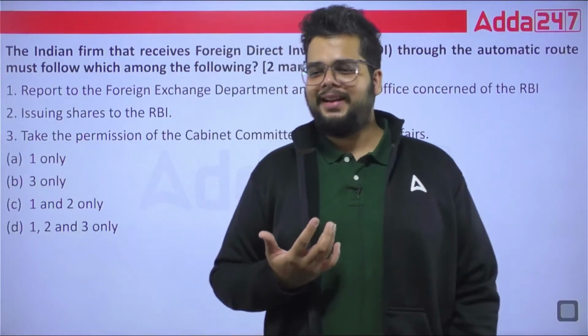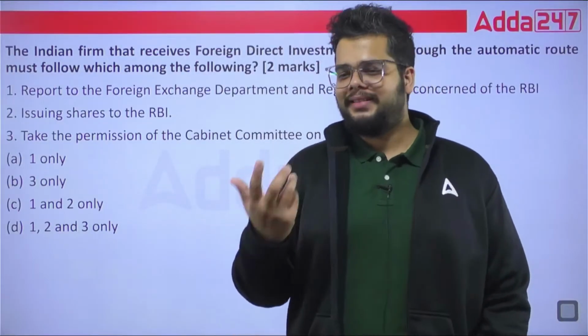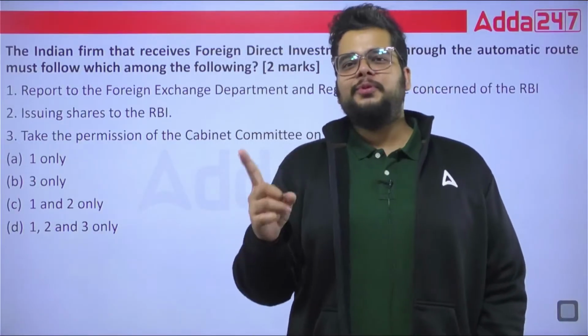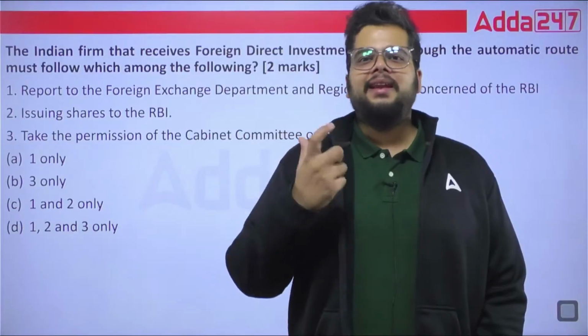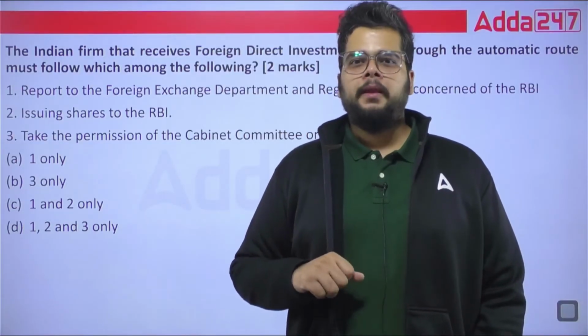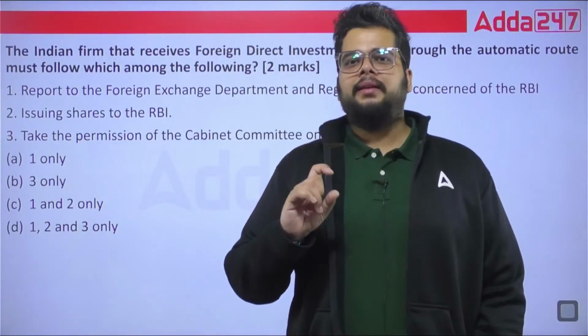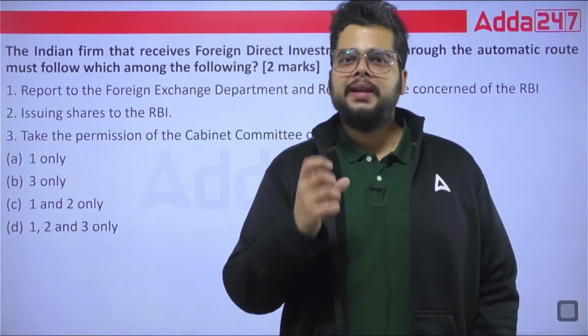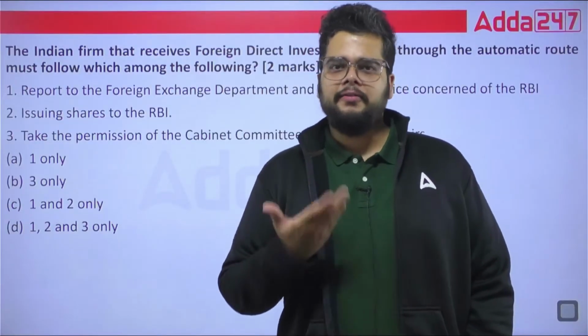Just for the sake of example, let's assume that the investor from USA wants to invest in Gujarat, where my business is already running. That particular person has provided me a certain amount of money upfront. That is a piece of information.